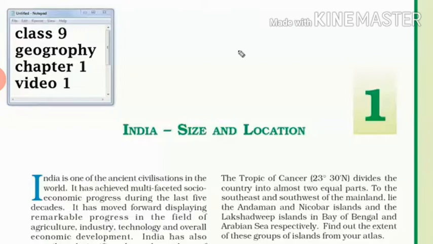The Republic of India, the largest democracy in the world, is a well-knit political entity. It is a union of 28 states and 8 union territories, including the National Capital Territory of Delhi, with an area of more than 3 million square kilometers.